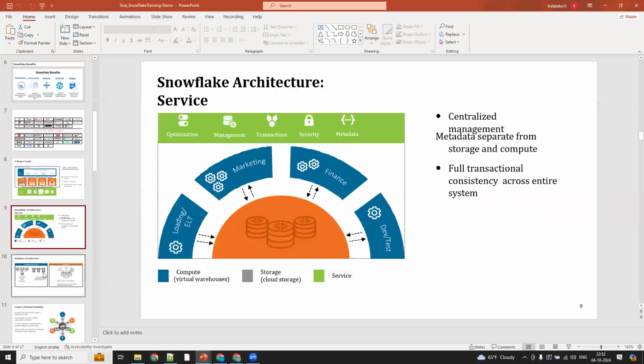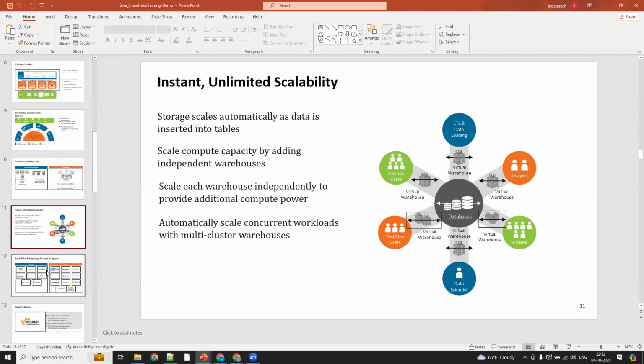Now next. I told you already, compute warehouses are instant. If you have decided to execute something, just like that, you can execute it instantly. You don't need to wait in the backend to spin up the virtual machines or the EC2 nodes and all.